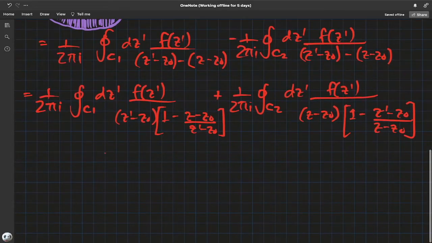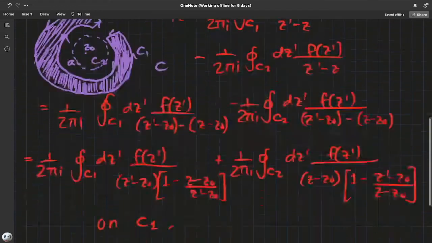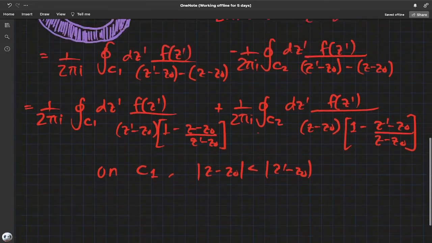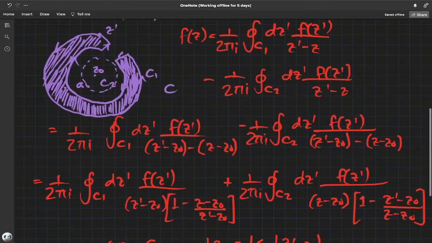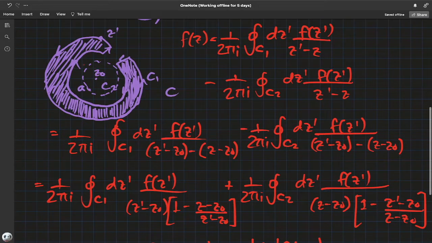Now one clever observation is that on C1, which is the outside contour, the magnitude of z minus z0 is less than z prime minus z0. We can see this: z is some point that's going to be inside this region. So that's why defining the region was important. Now z is going to be inside.